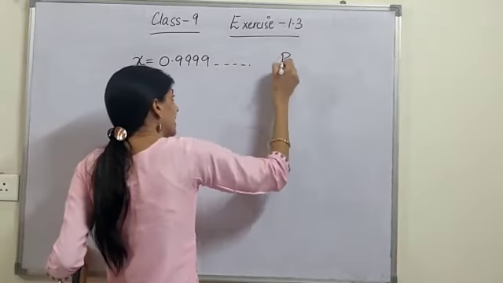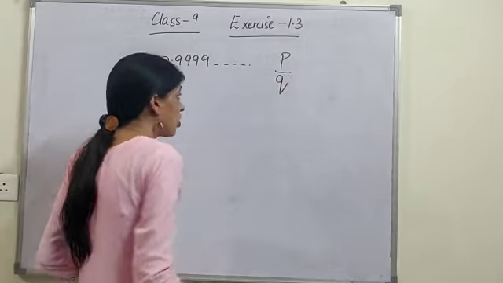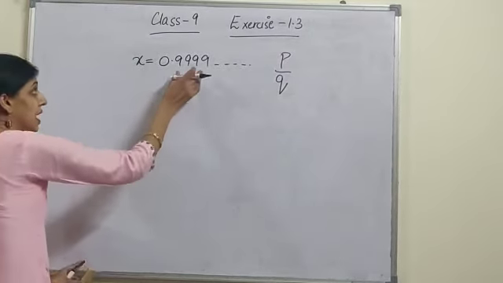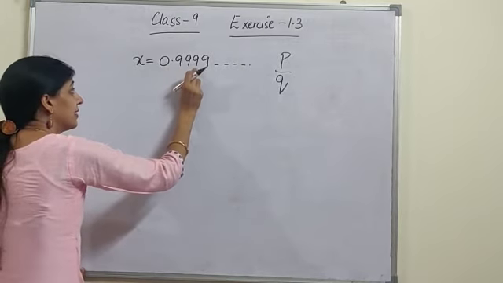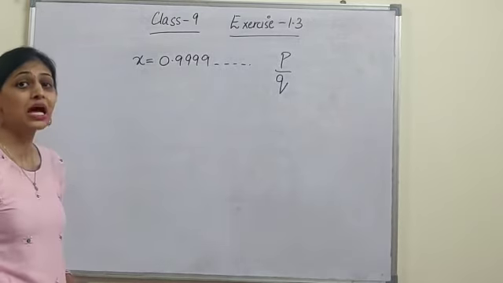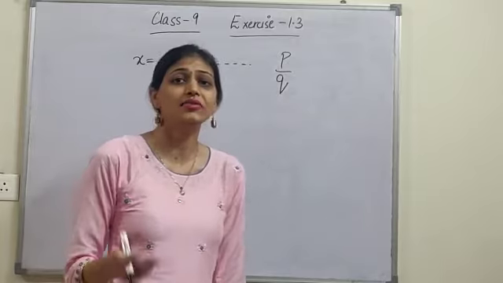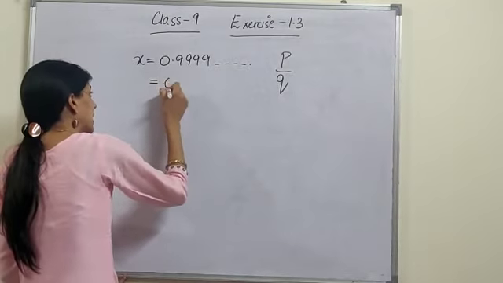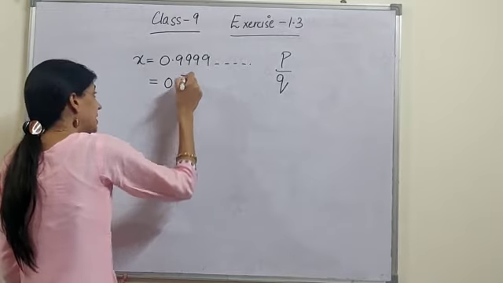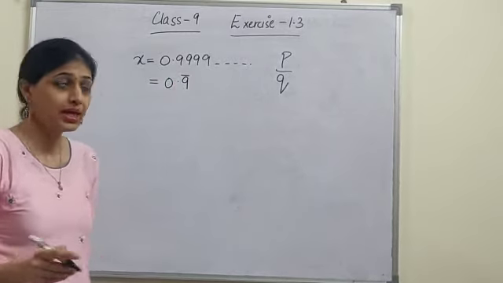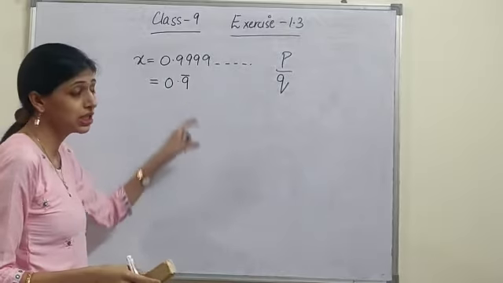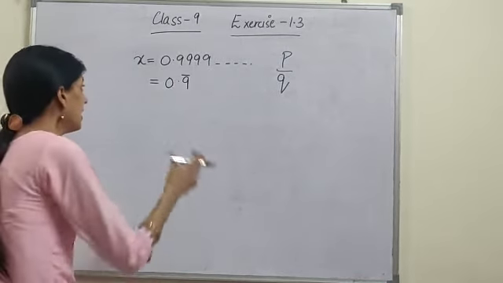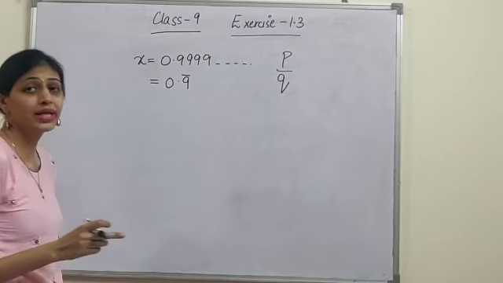You have to find this number in the form P by Q. Okay, now 0.9999, that means 9 is repeating itself again and again. So it can be written as 0.9 bar.